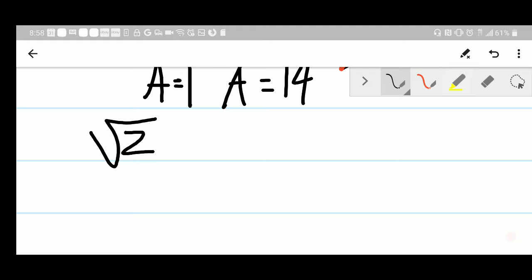Square root of 2, 1.41. Okay, it looks complicated, but once you get the idea, it's hard to forget it.